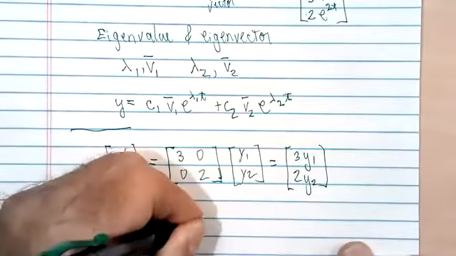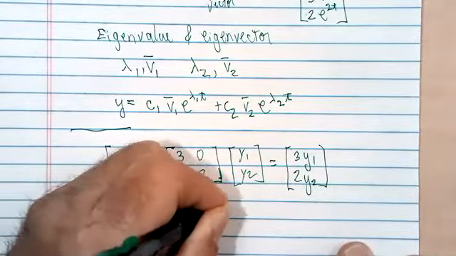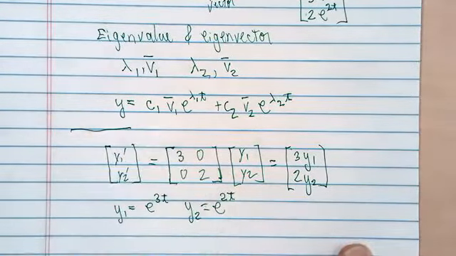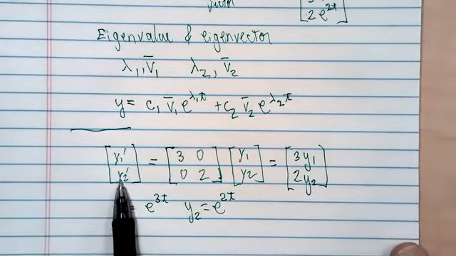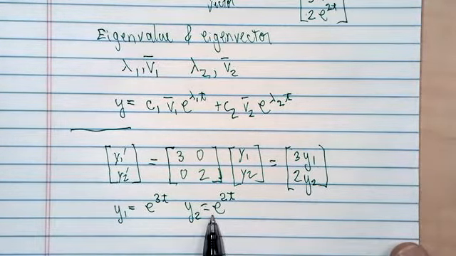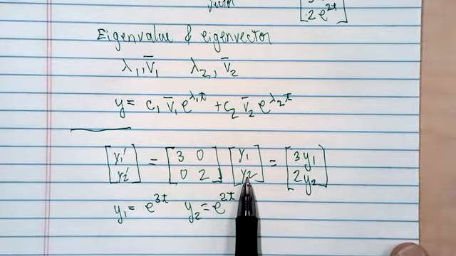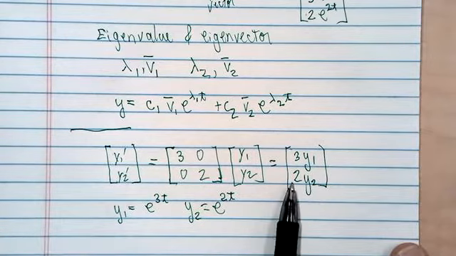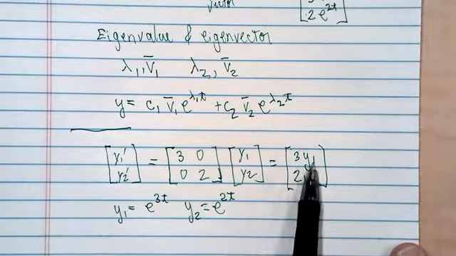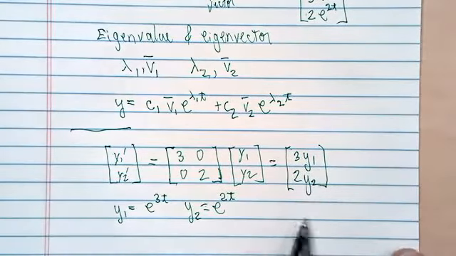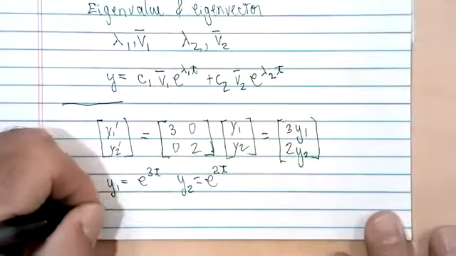And y2 is e to the 2t, and any constant multiple of that. So if I took the derivative, y2 prime would indeed be 2 times y2, and y1 prime is in fact 3y1. So this actually fits that pattern.